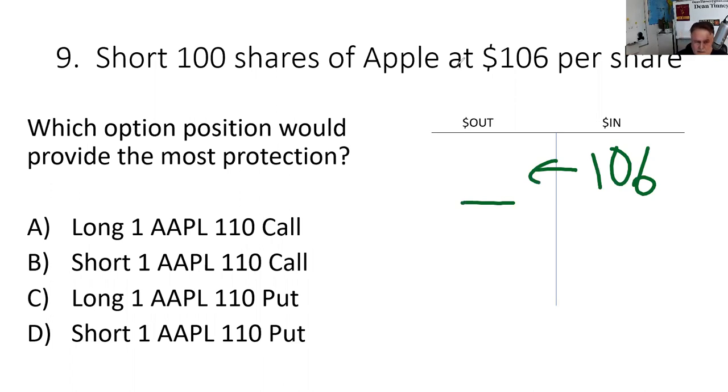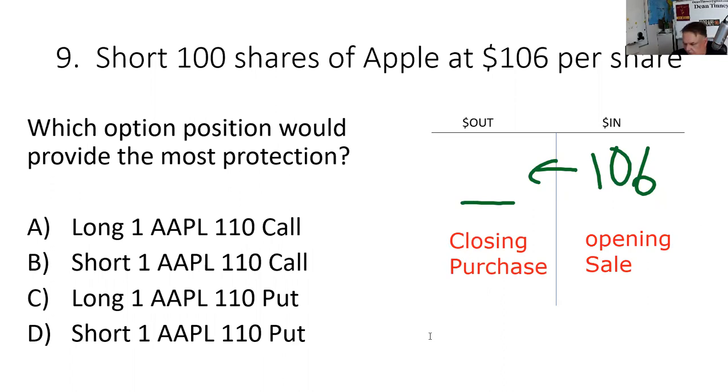So what I did when I do an opening sale, right, that's what I did here. That's how you establish a short position. And so what I'm interested in being able to do is do a closing purchase on this short stock position. I want to have a choice to close this thing out. And so knowing that the offset is going to be purchasing the stock, right? If I sell the stock, sell it high, then I got to buy it back.